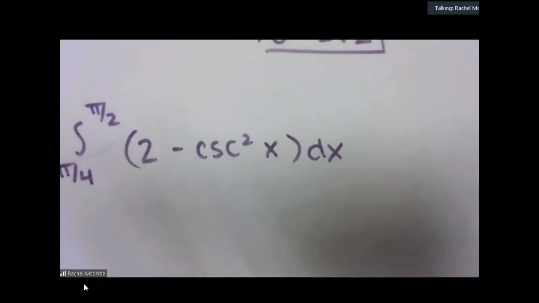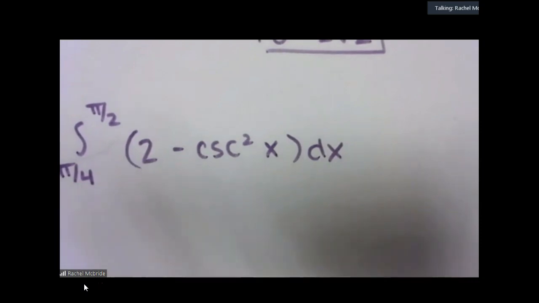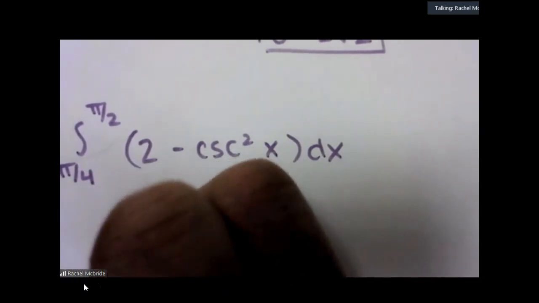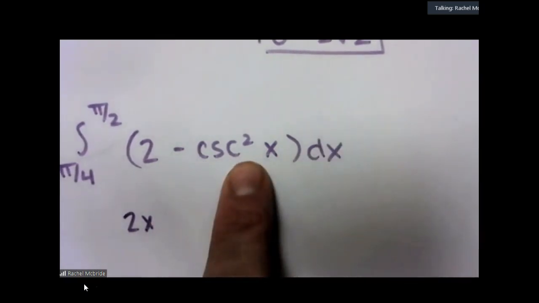The antiderivative of cosecant squared is cotangent. The antiderivative of 2 becomes 2x. So this is 2x.